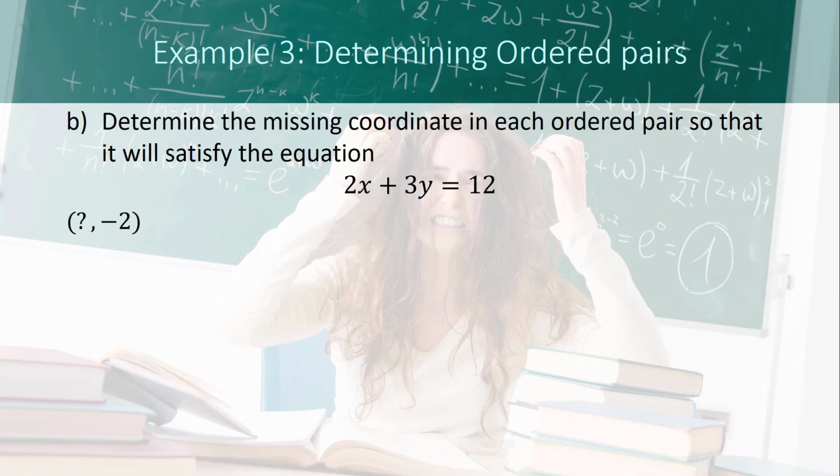Okay, and then I believe this is the last one for this set. Once again, we have that y is equal to negative 2. We need to figure out what x is. So we're going to let y equal negative 2 and solve for x. If we do, we will have 2x plus 3 times negative 2 is equal to 12. Well, 3 times negative 2 is negative 6.